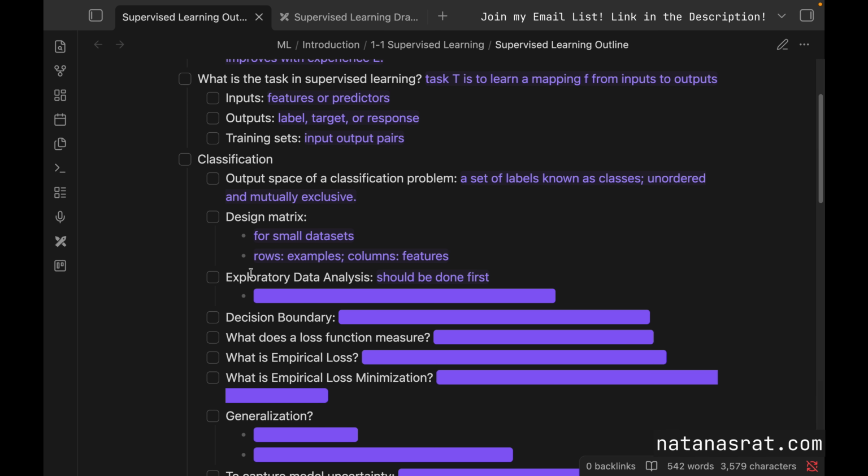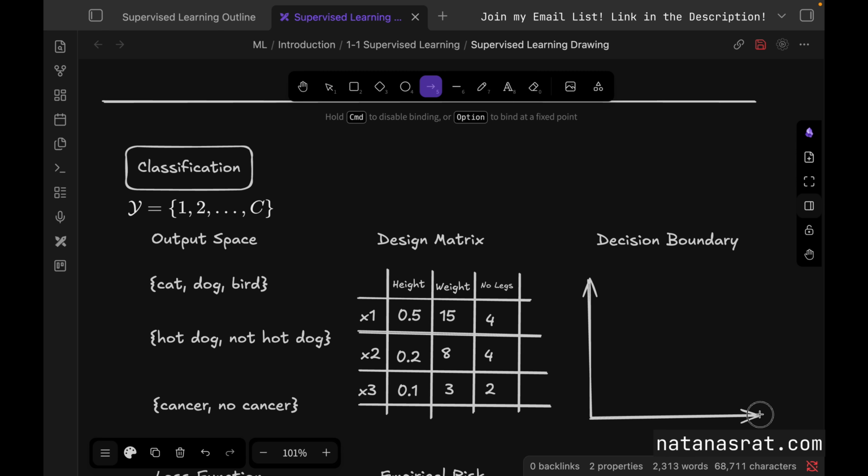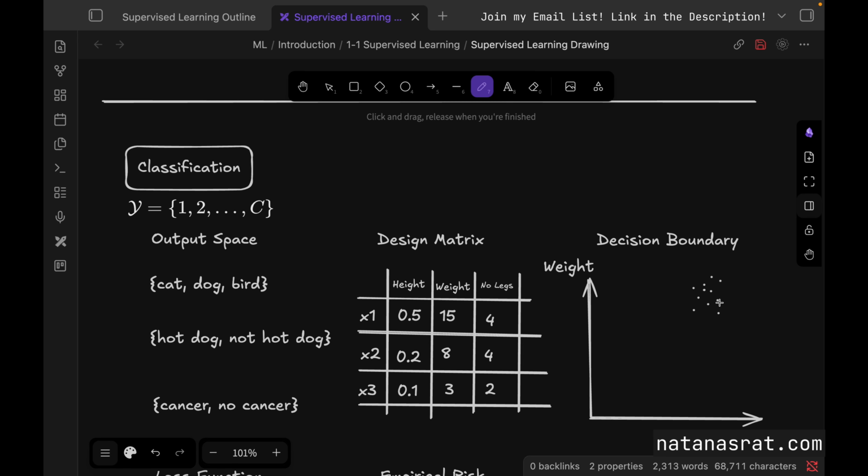Here we start with exploratory data analysis because we have to cleanse the data. We have to know if there is any kind of noise in the data. For example, for more number of legs, we're going to expect more weight, and for lower number of legs, I'll expect less weight.